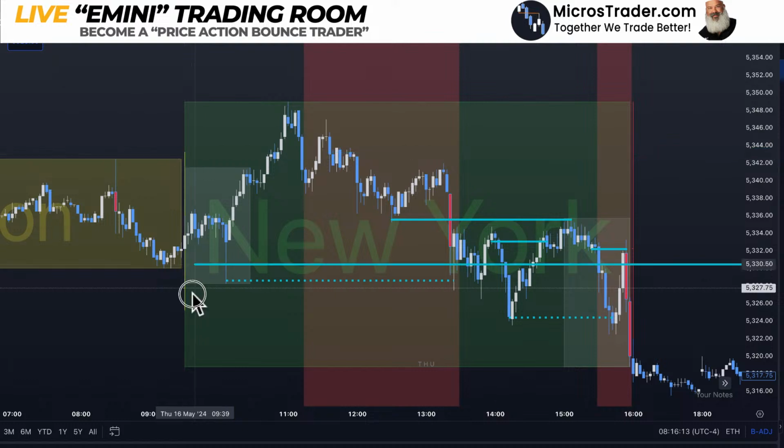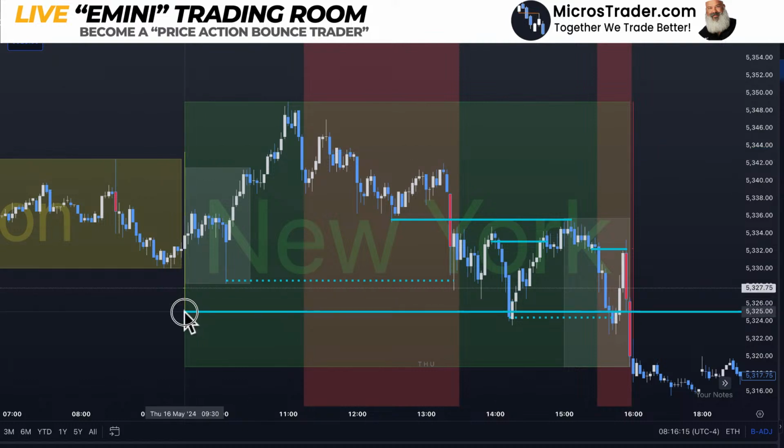Okay, what about the overnight low here? Very nice. So let's calculate out the overnight low. Thursday. Overnight low was done in the PM session. Certainly.